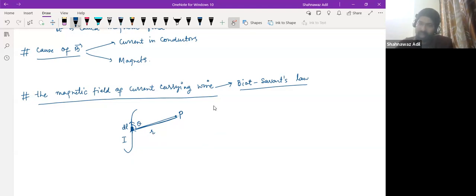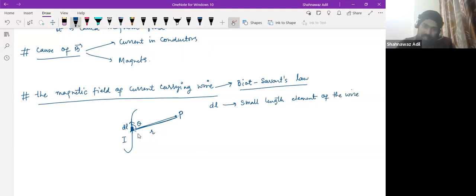So what do we have? We have dl, the small length element of the wire.